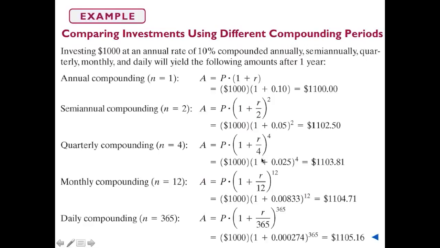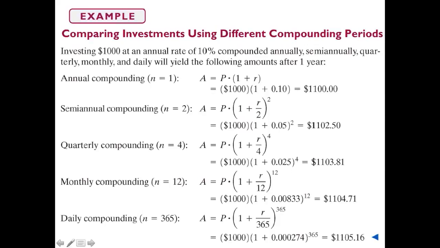And if we do that, we get $1,100. So that's our future value. So meaning if you take $1,000, put it in an account that earns 10%, and it's just compounded annually, at the end of the year, if you check your balance, if you haven't made any additional deposits, you will have $1,100 in there. Now, if it's semi-annually compounding, that means twice a year, n is going to equal 2.